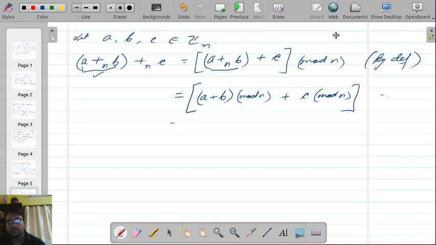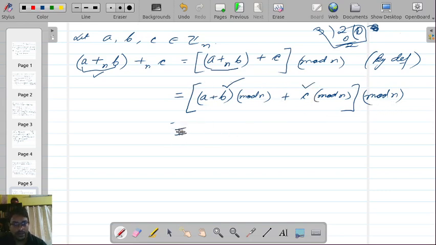Something like the remainder when 2 is divided by 3. If we divide 2 by 3, the quotient will be 0, 3 zeros are 0, and the remainder is 2. So a plus b mod n, and again the whole thing is taken modulo n. That means we find the remainder here, then add these two, and then again find the remainder.